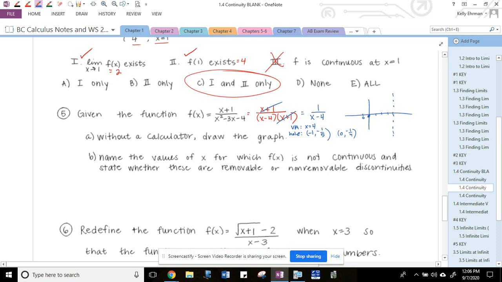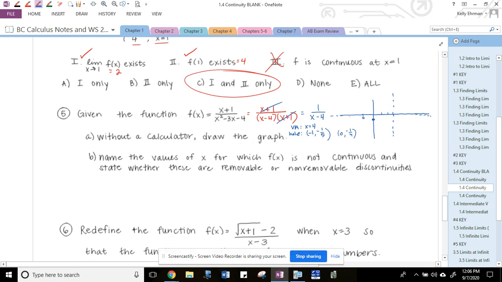There's a horizontal asymptote at 0 because it's bottom heavy. Oops, my points, sorry. Oh, goodness. My points for 1/4 and 1/5, I had those backwards. 1/5 is closer to the x-axis than 1/4 is. My bad. My scale's a little off here.